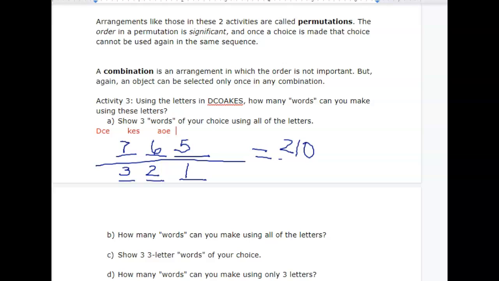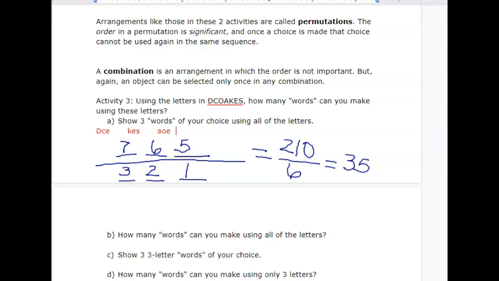But knowing that we all can't pick the same letters, I'm going to divide it by the 6. So when I do that, I really only have 35 choices of words. So again, as soon as I start to write mine, D, C, E, you can't write yours. It eliminates the chance of repetition, the same combinations.